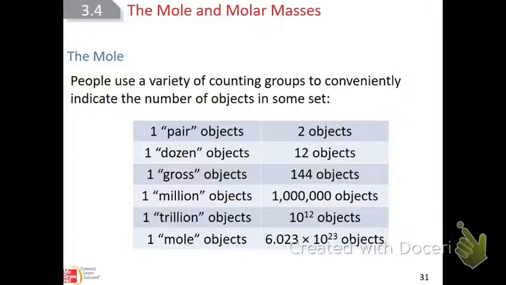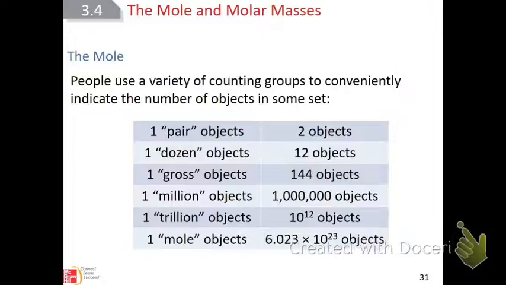That's what's in a gross. A ton: everybody knows, or most everybody knows, what a ton is. I have a ton of papers to grade. Well, that's 2,000 pounds. And by the way, guys, that's literal. I probably have close to that many papers to grade. So these kinds of things, we're used to.